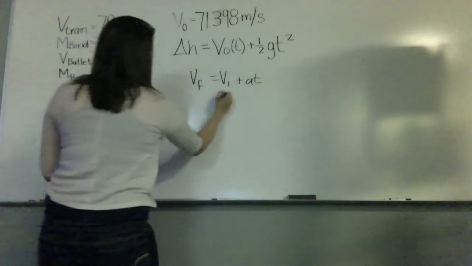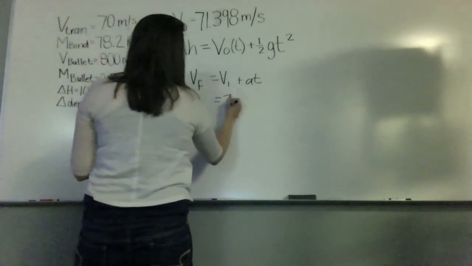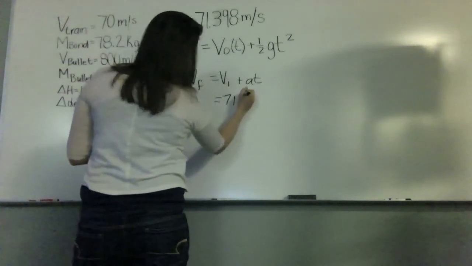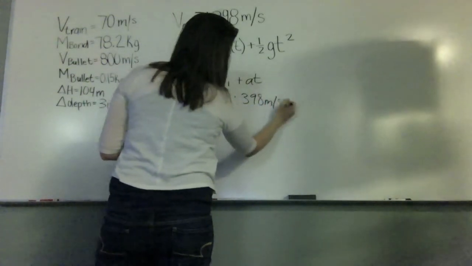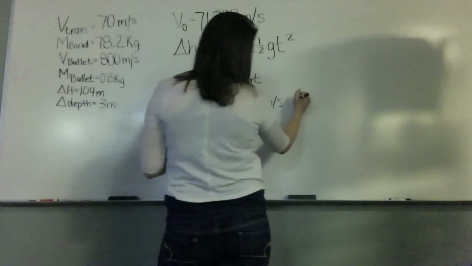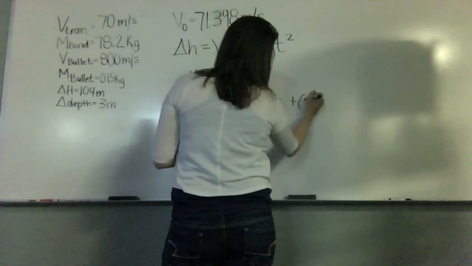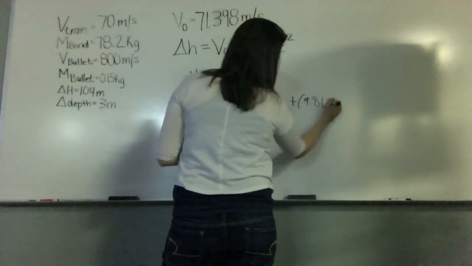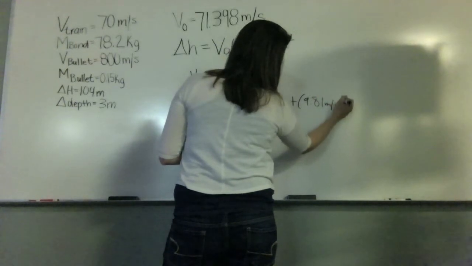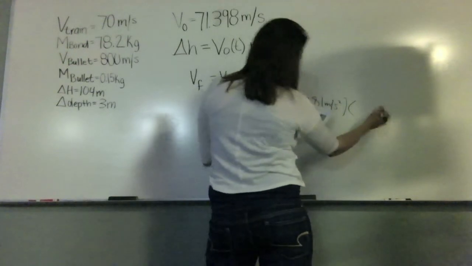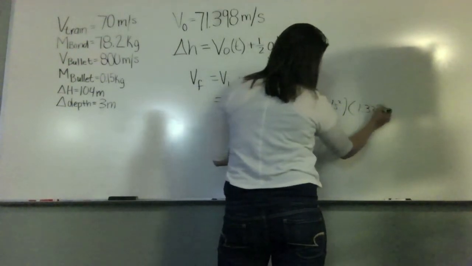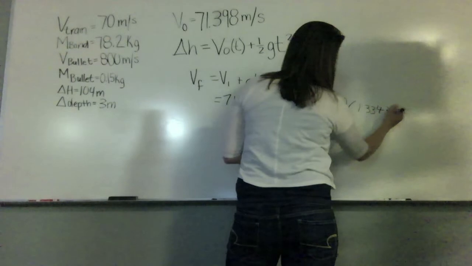So his initial velocity was 71.398 plus his acceleration of gravity times the time of 1.3343 seconds.